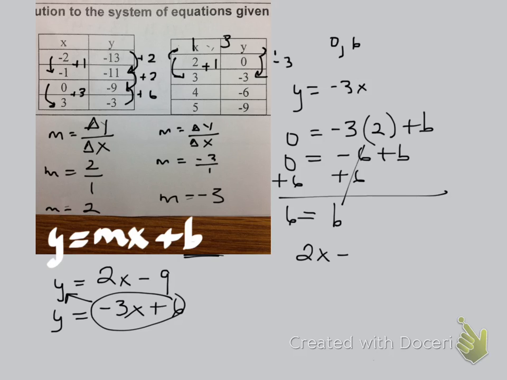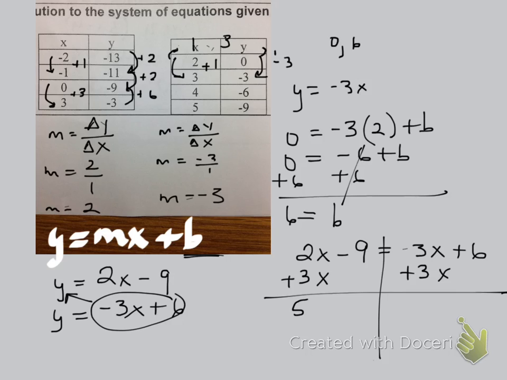2x minus 9 equals negative 3x plus 6. Go back to doing a little review. I'm going to add 3x to both sides. This is going to be 5x minus 9 equals 6. Now what? Add 9 to both sides. 5x equals 15.